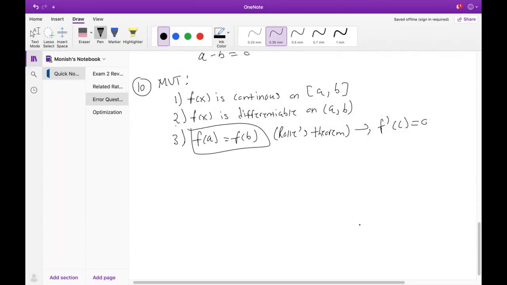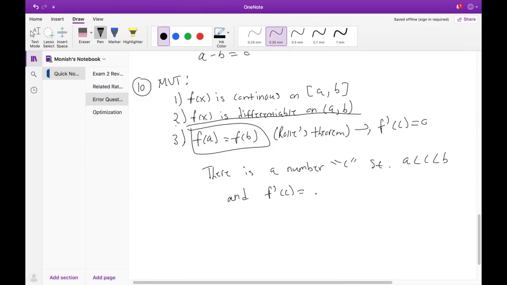But with MVT, if these 2 conditions check off, then there is a number c such that a is less than c is less than b, and f prime of c is just equal to f of b minus f of a over b minus a.